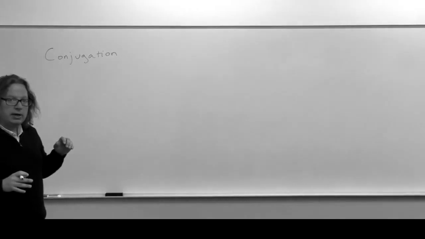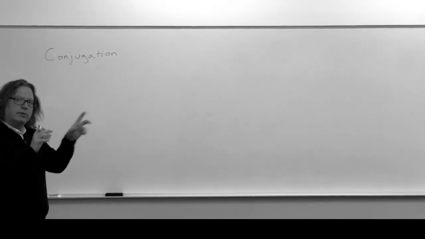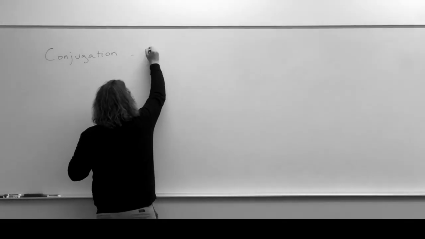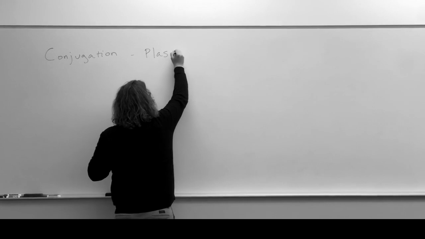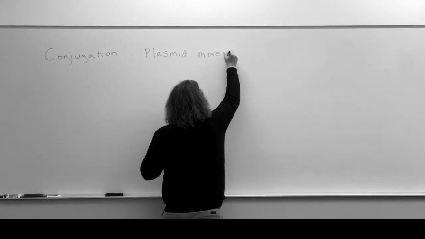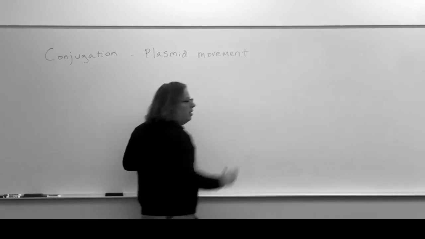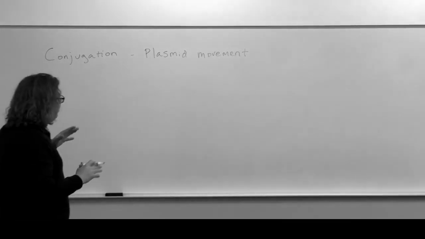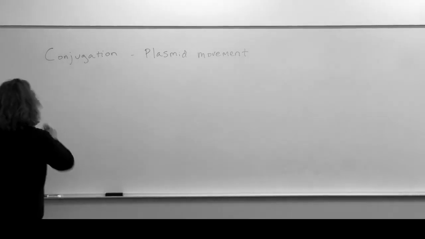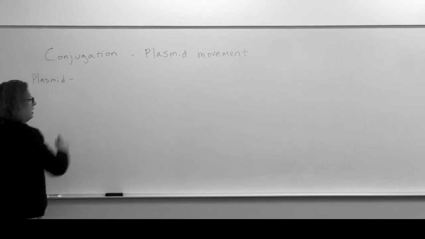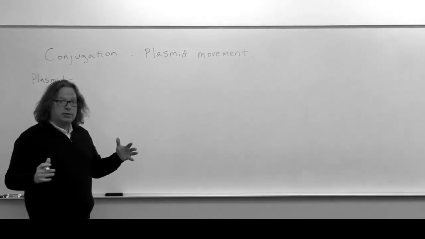Conjugation here refers to essentially a bridging of one bacteria to another, where we have the movement of plasmids. All right, so what is a plasmid? A plasmid is a piece of episomal DNA.